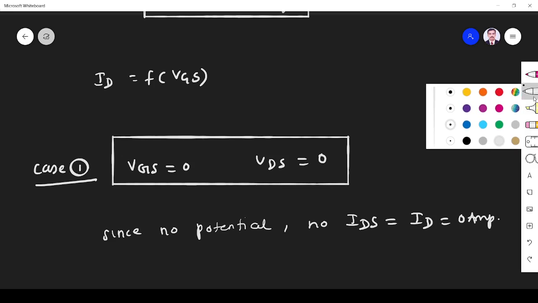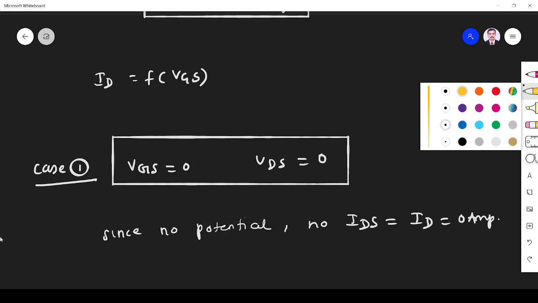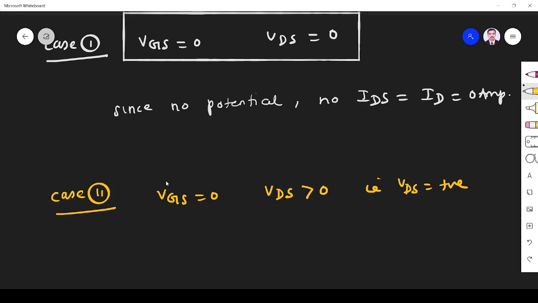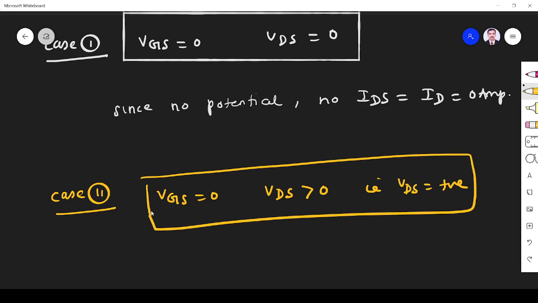Next we go to the second condition. In the second condition, I keep VGS equal to 0 and apply VDS. That is, VDS is equal to a positive voltage. What will happen? Let us see.